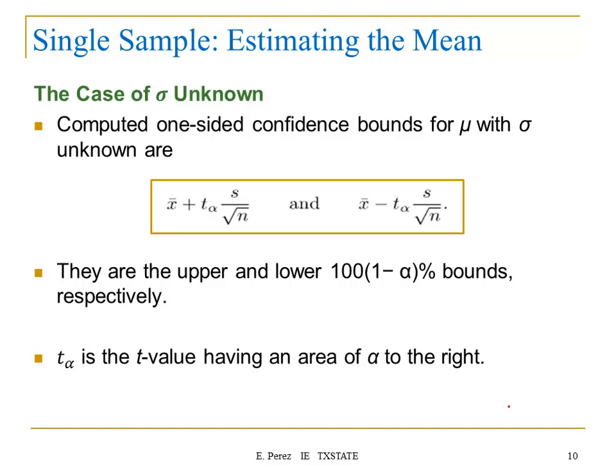The one-sided confidence intervals are basically the upper bound, when you add this standard error to the sample mean, and the lower bound, which is a subtraction of the standard error from the sample mean. And the t alpha value is the t value having an area of alpha to the right of the curve.